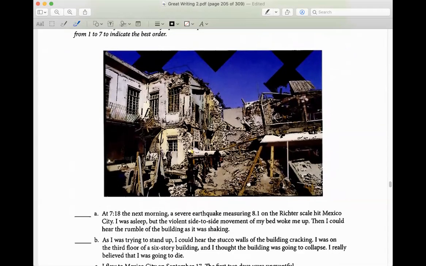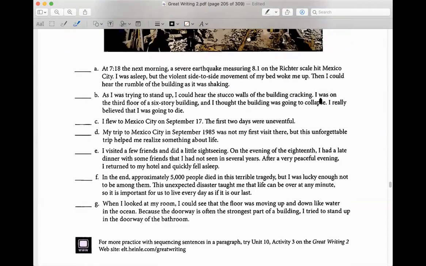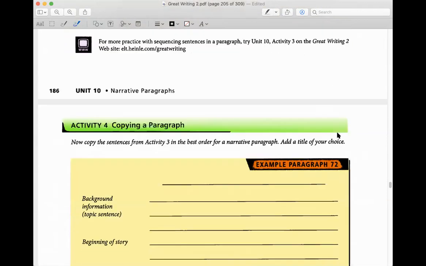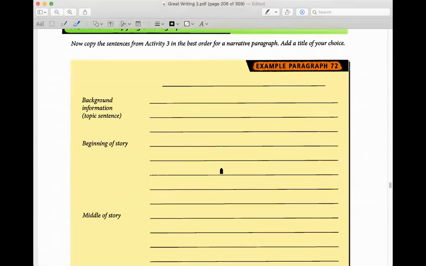Okay. So here we have our sequencing activity. Find number one, and then work down from the topic sentence. 1, 2, 3, 4, 5, 6, 1 through 7. Okay, and once you're done, you can copy it into here.